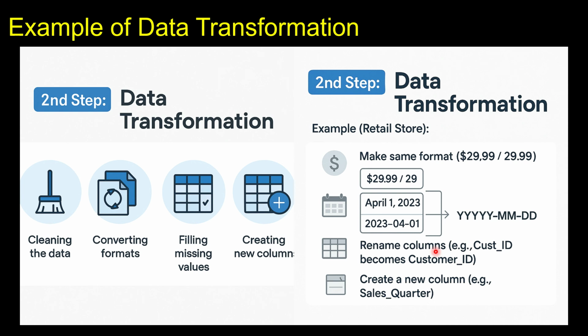You standardize these to one consistent format, say year slash month slash date. You might also rename columns to be more readable. For example, cust underscore ID becomes customer underscore ID. Create a new column called sales quarter using the purchase date.